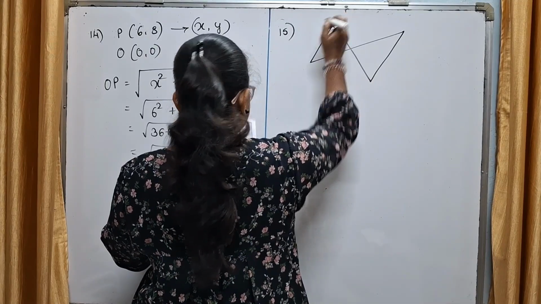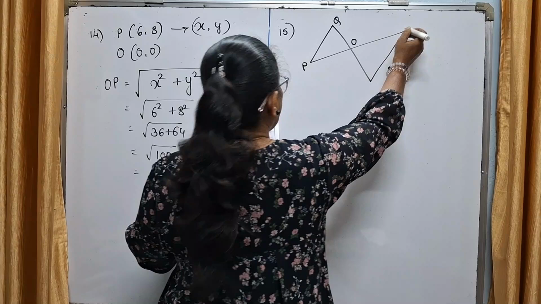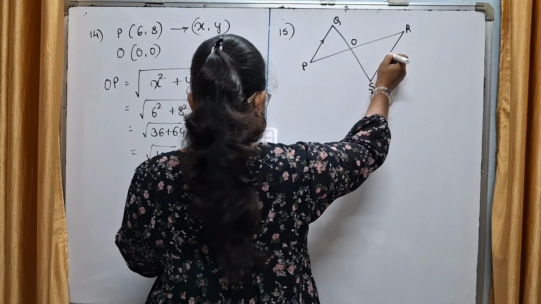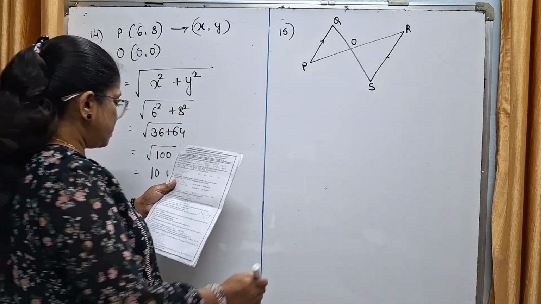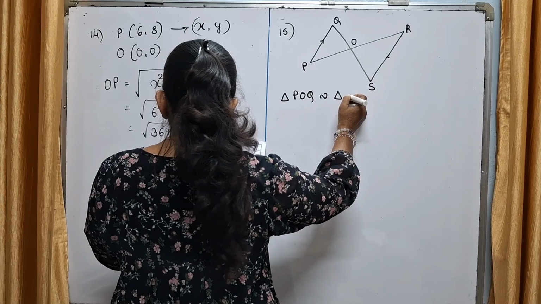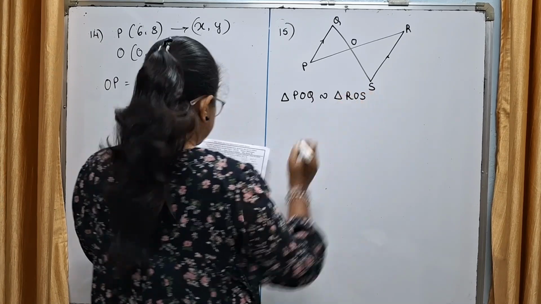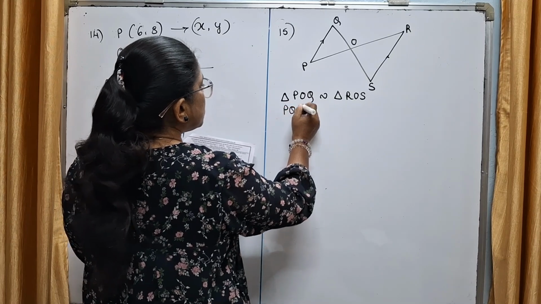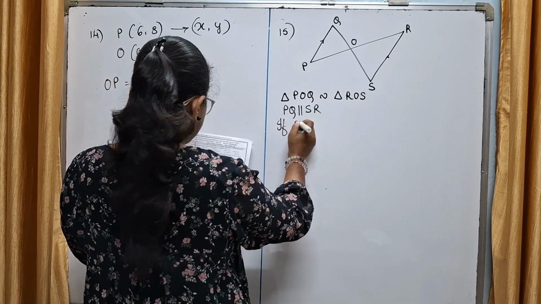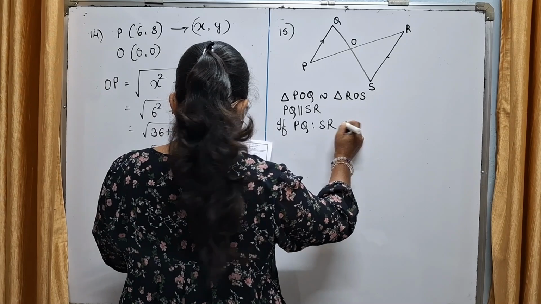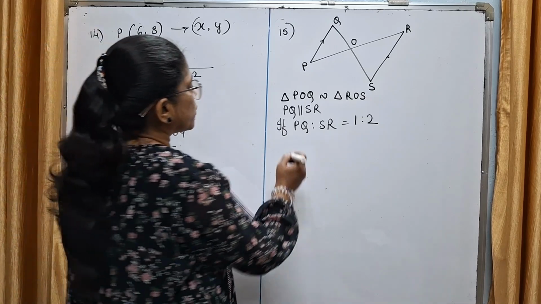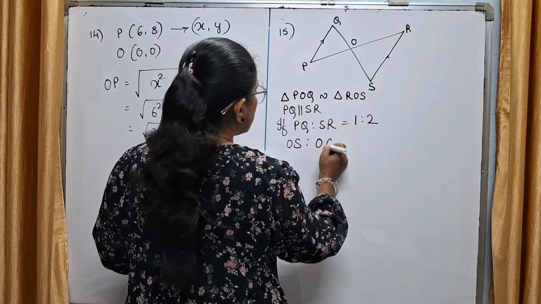Here it's P, Q, O, R, S. They have given that triangle POQ is similar to triangle ROS and PQ is parallel to SR. If PQ is to SR is 1:2, we have to find OS is to OQ. We have to find OS is to OQ.